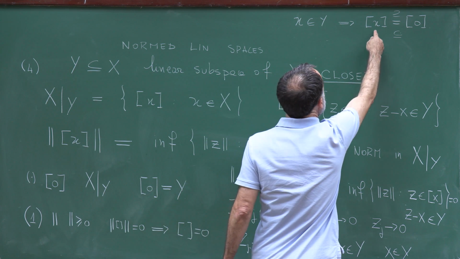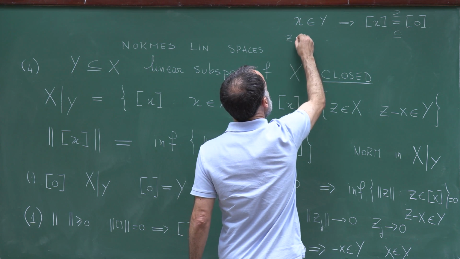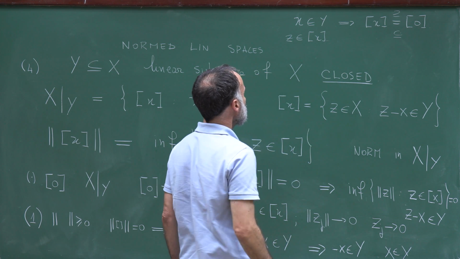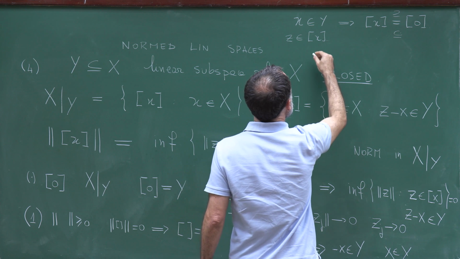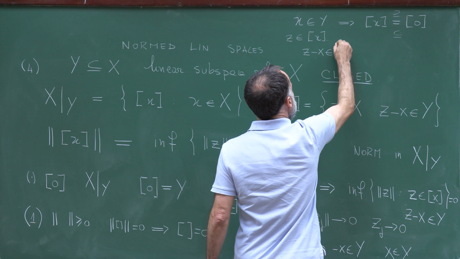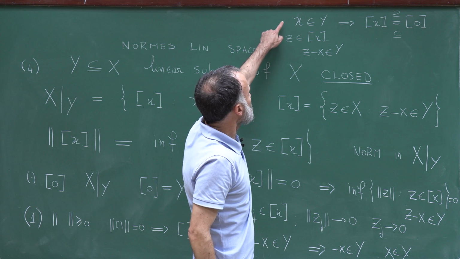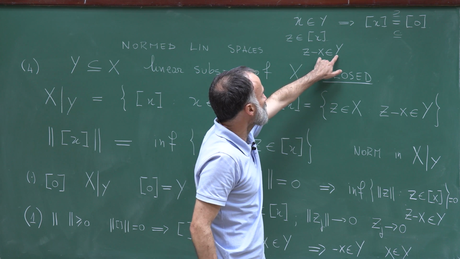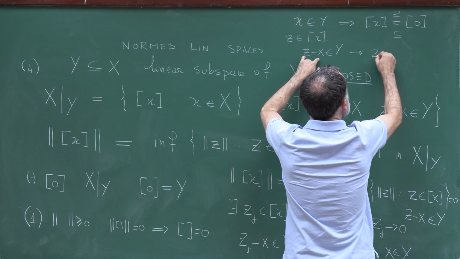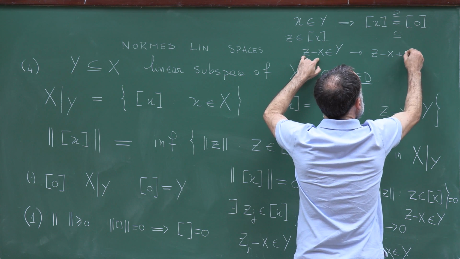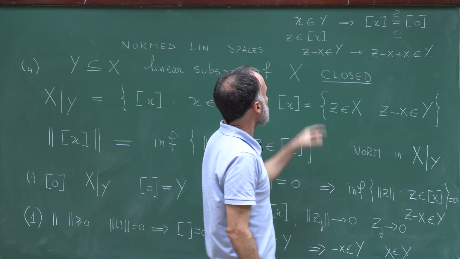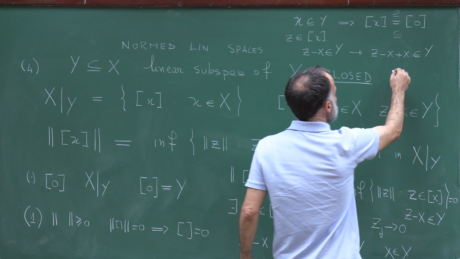So let's take a point z in the equivalence class of x. Well, this means that z minus x belongs to Y. But since x belongs to Y and Y is a linear space, z minus x plus x also belongs to Y, and this is z.